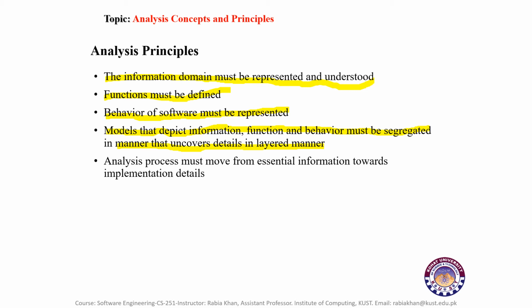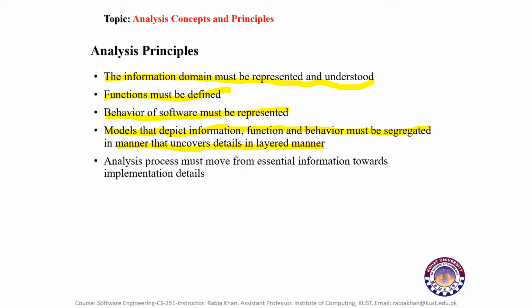What does this mean? Problems are generally too large and complex to be understood as a whole. For this reason, we tend to divide every problem into small parts that can be easily understood and establish interfaces between these different parts so that the overall function can be accomplished.